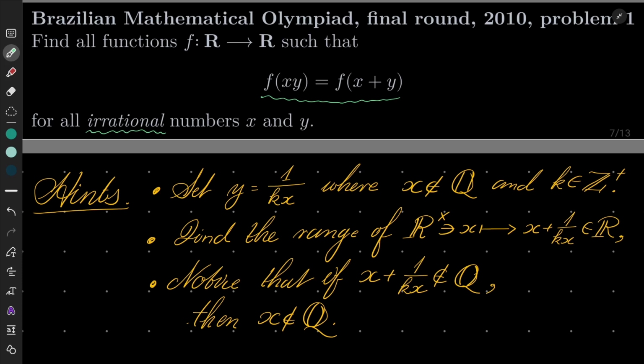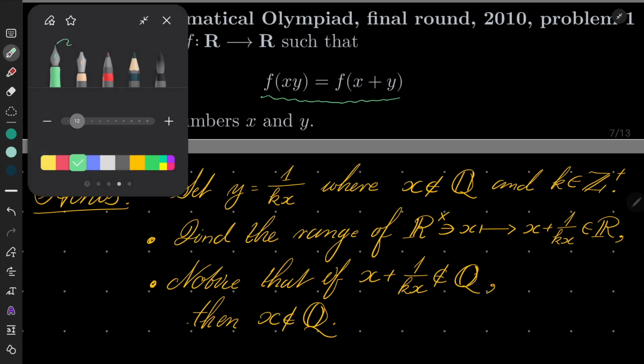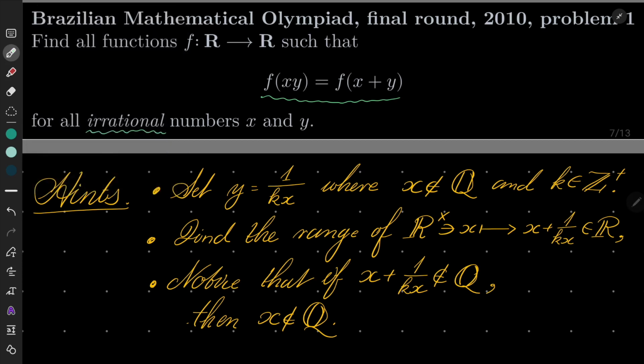So my hints for this problem: first of all, it may be a good idea to set y equals 1 over k times x, where x is irrational and k is any positive integer, and then to consider the range of the function which takes a non-zero real number x and outputs x plus 1 over k times x.